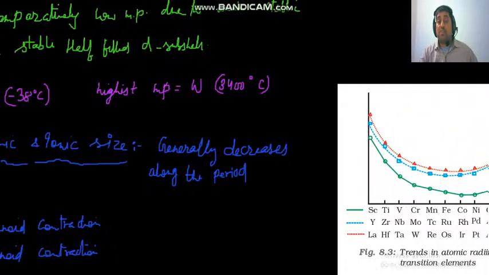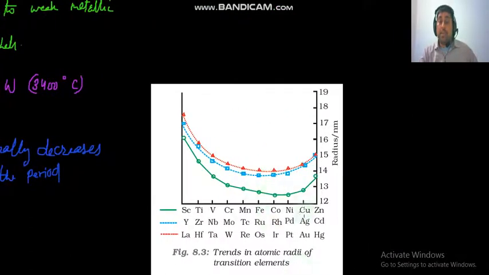Now let's see one graph. Here it is: the green one is the 3D series, the blue one is the 4D series, and the red one is the 5D series. You see in the 3D series there is a remarkable difference between the size of 3D and 4D. But if you compare the 4D series and the 5D series, they are almost nearby.